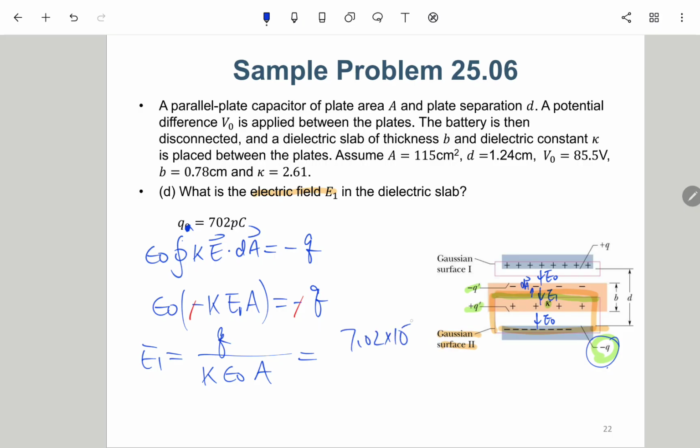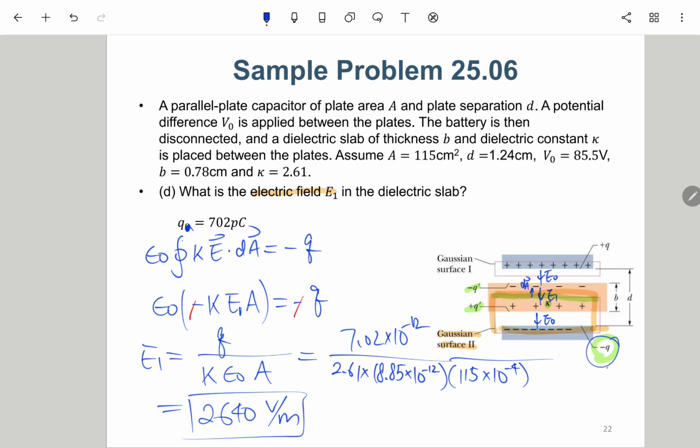Which is 7.02 times 10 to the negative 12, and then 2.61 times 8.85 times 10 to the negative 12, and then 115 times 10 to the negative 4. Finally, this is 2640 volt per meter.